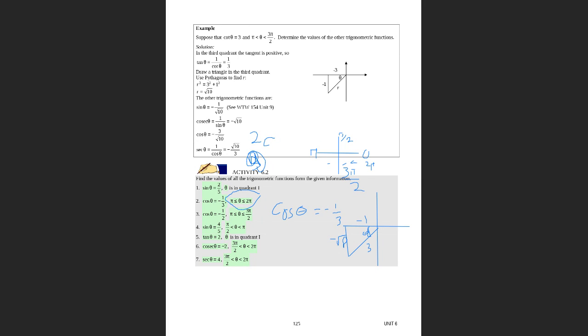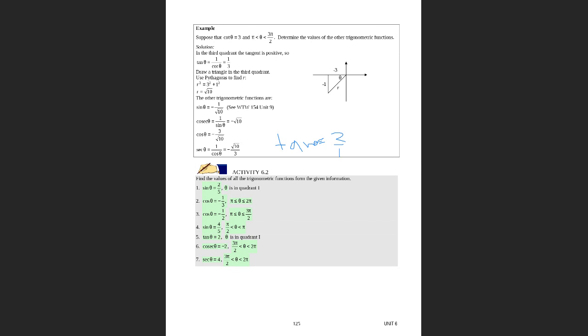Now, if we look at number 5, it says that tan theta equals 2. Then it has told you that it is in the first quadrant. So tan theta will be equal to 2 over 1.